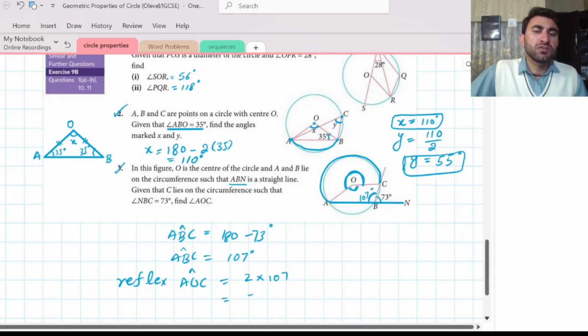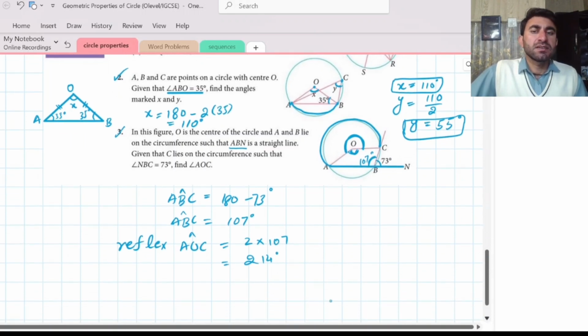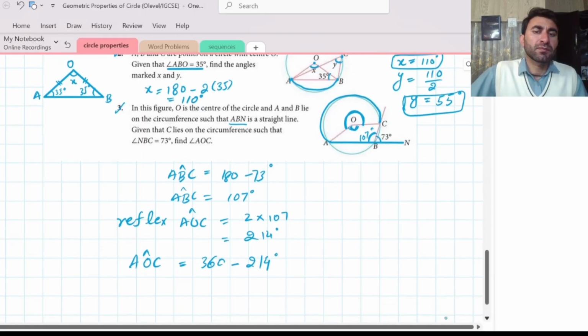So that becomes 214. So the required angle AOC will be 360 minus 214, and that shall become 146 degrees. So that is the value of angle AOC over here.